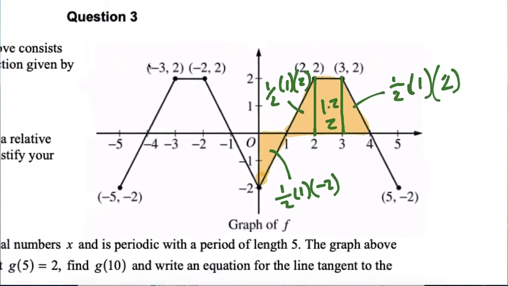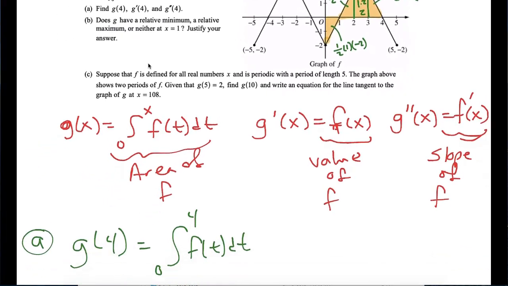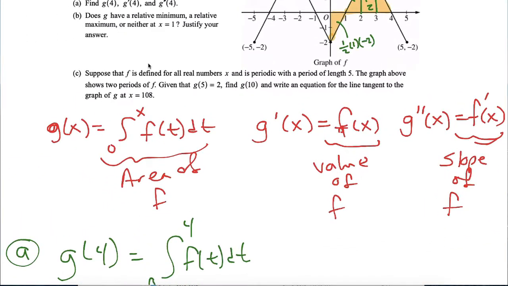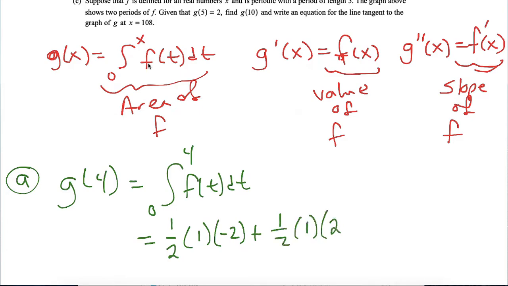So if you're calculating this, you just want to string that together. Again, you don't have to do the arithmetic involved with it. You just have to string it together. So you just literally have to say, okay, this is equal to 1/2 times the base, which is 1, and the height, which is -2, plus 1/2 times 1 times 2, plus 1 times 2, plus 1/2 times 1 times 2.